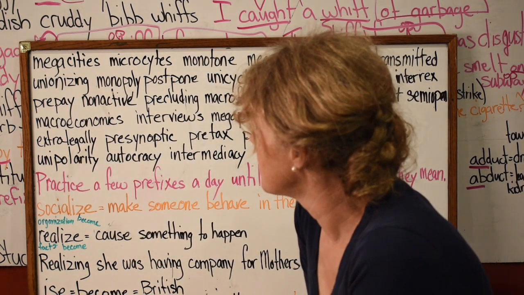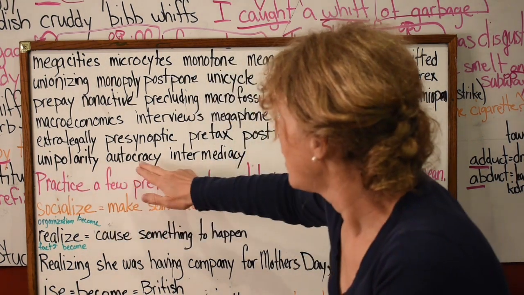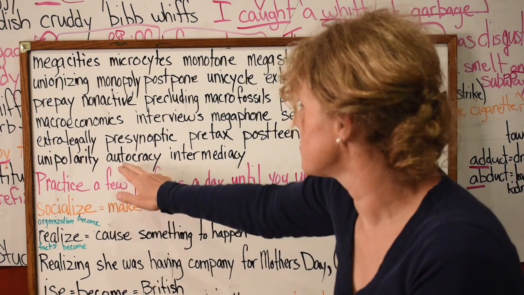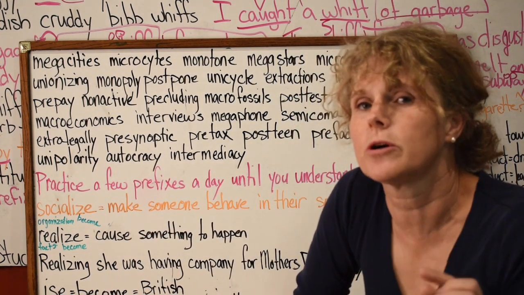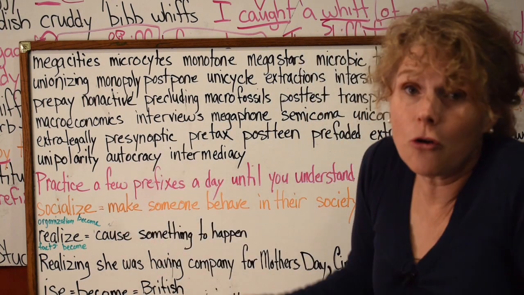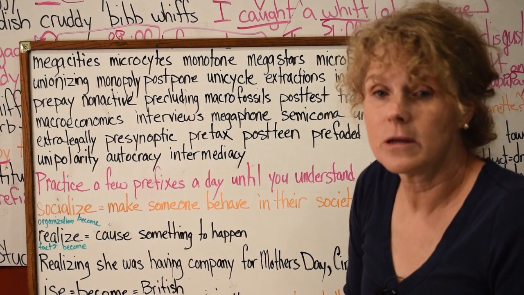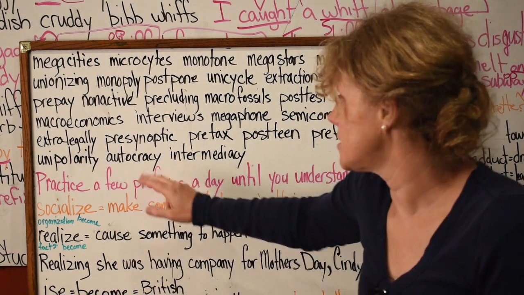Unipolarity. One. See if you guys can read this word. This is a tricky word to read. Very, very tricky. A lot of people, because they know the word auto, are going to read it... Autocracy.